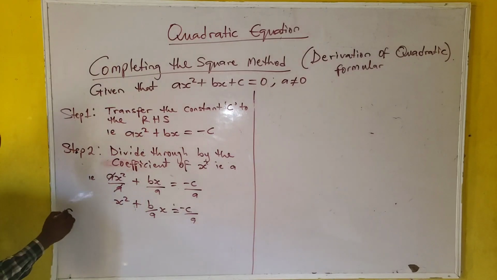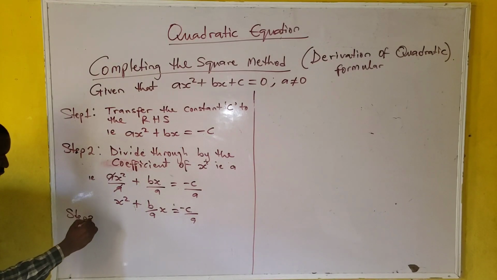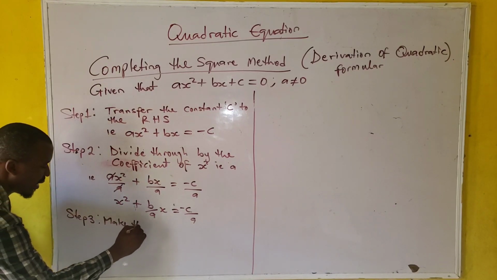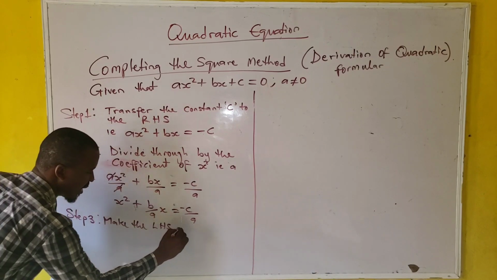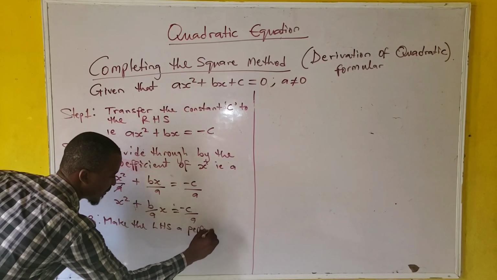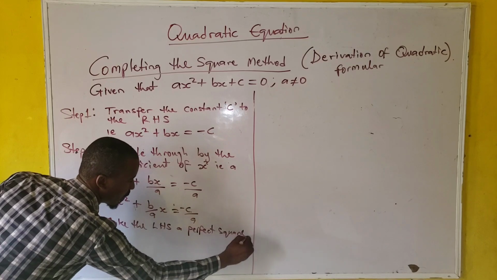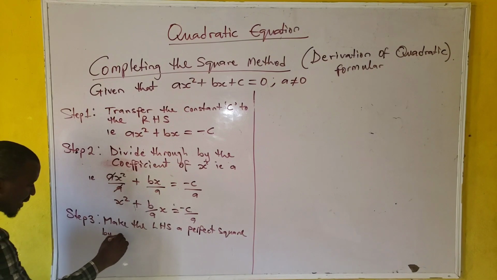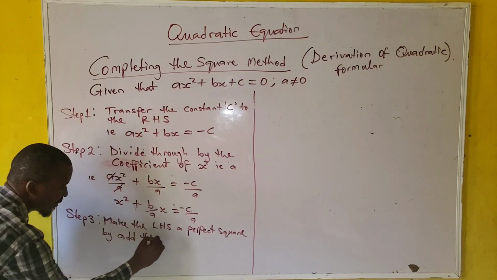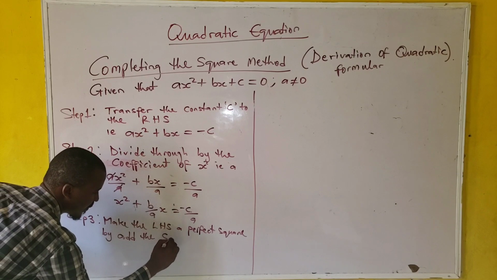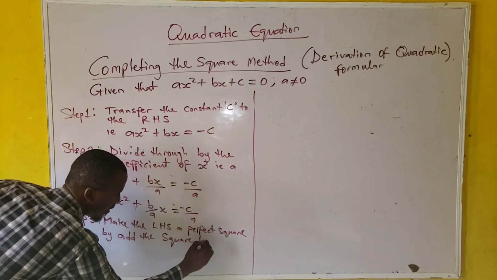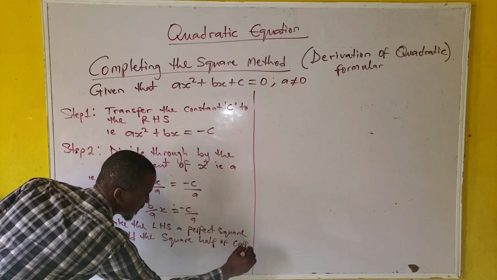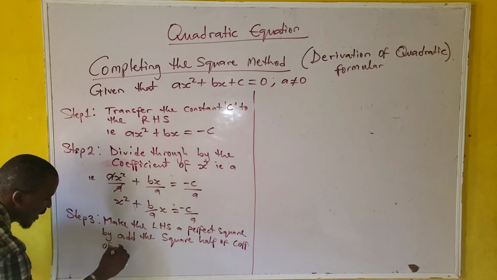Now step 3 is where we complete the square. So step 3 is to make the left hand side a perfect square by adding the square of half of the coefficient of x.